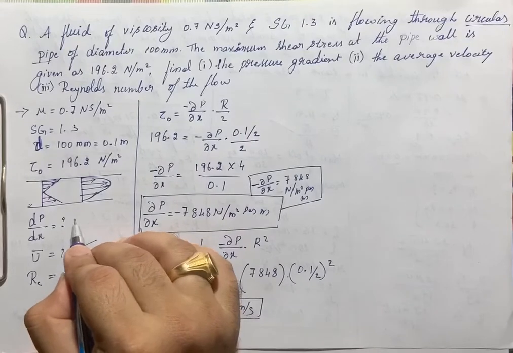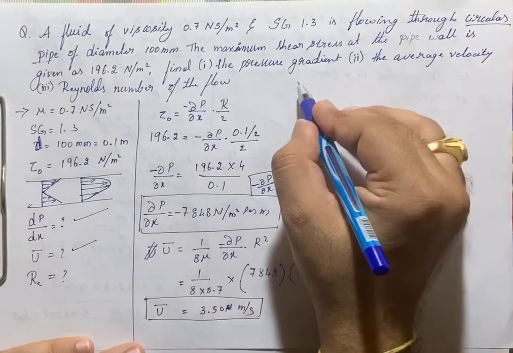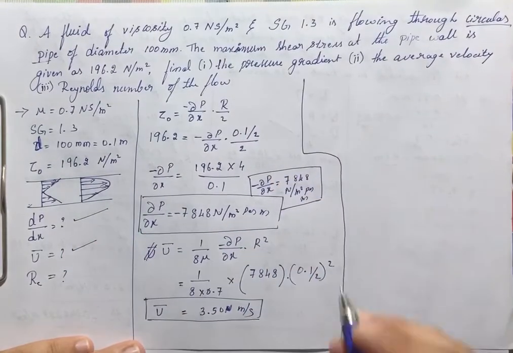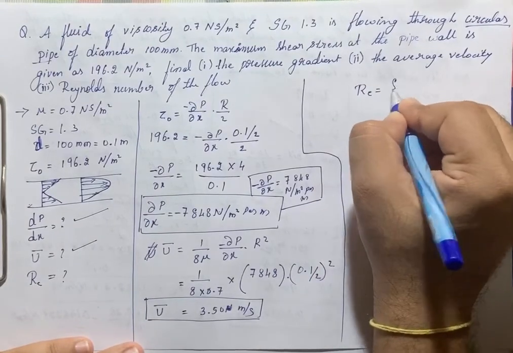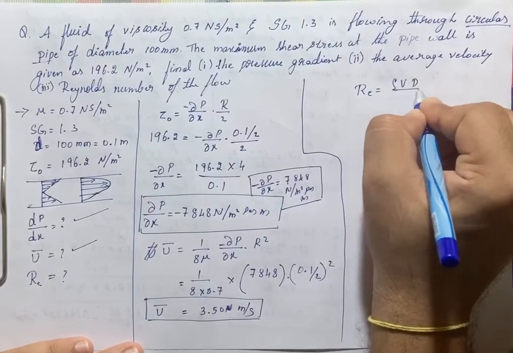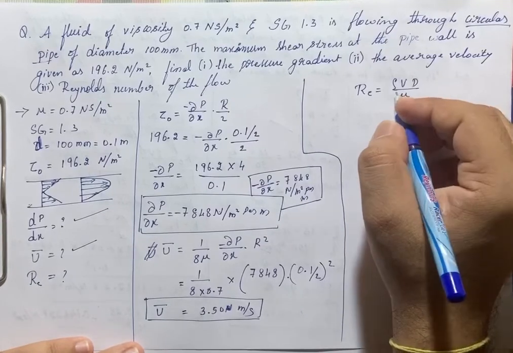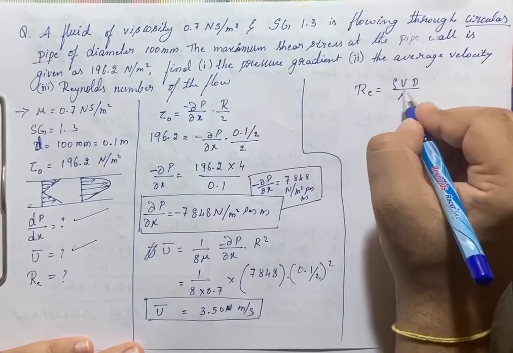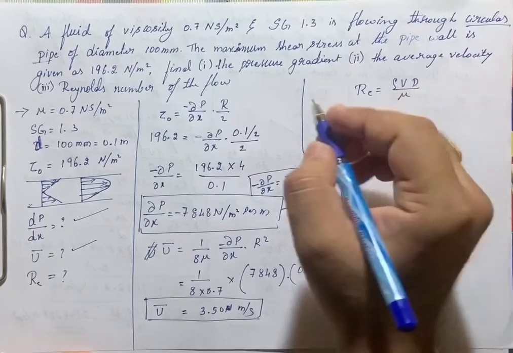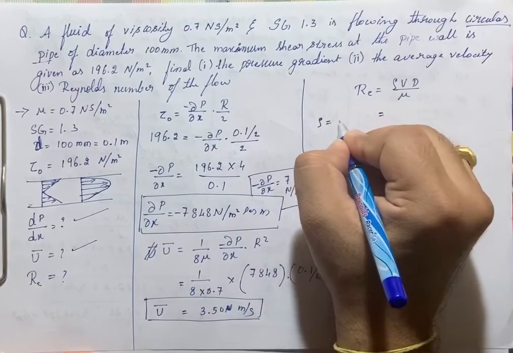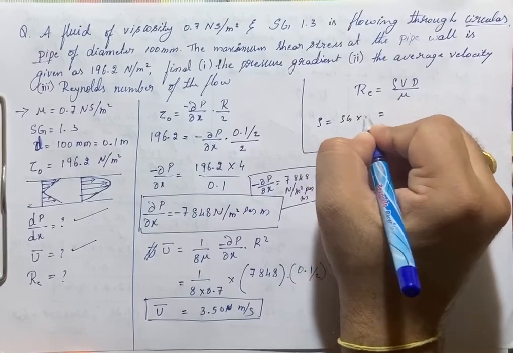Second one is done, first one is done, right? After that, the last one is to find the Reynolds number. What is the formula we have? Rho v d by mu, right? Direct formula we have, where rho is the density. Density we don't have, so density is given as specific gravity into 1000.